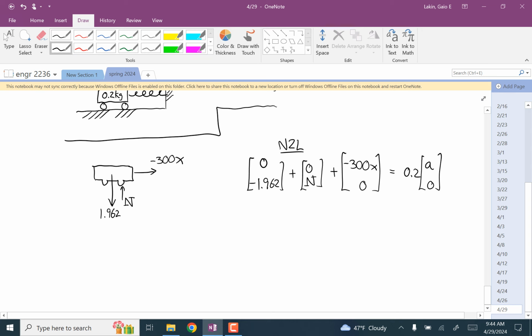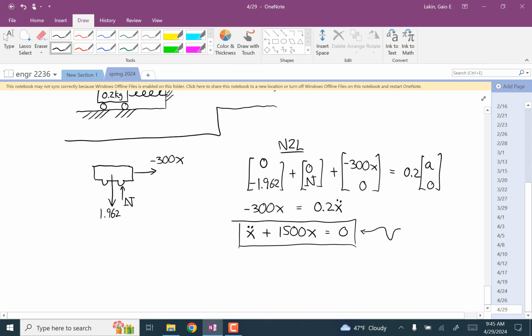And so the x equation says negative 300x is equal to 0.2, and the acceleration is x double dot. Now combine these two and you get x double dot plus 1500x is equal to 0. Okay, so that's the governing ordinary differential equation.